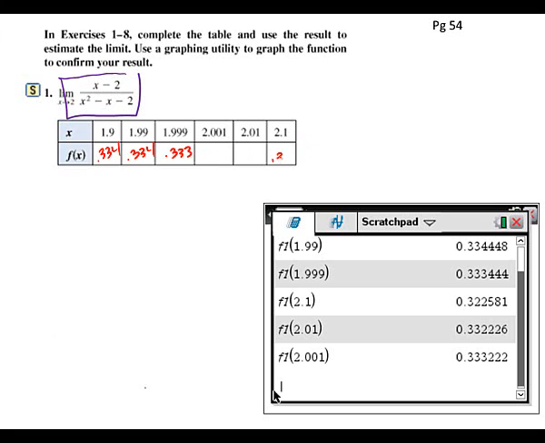From this way, it was 0.333, 0.333, 0.332, and 0.332. So what would we say that this limit is approaching overall? 0.333.